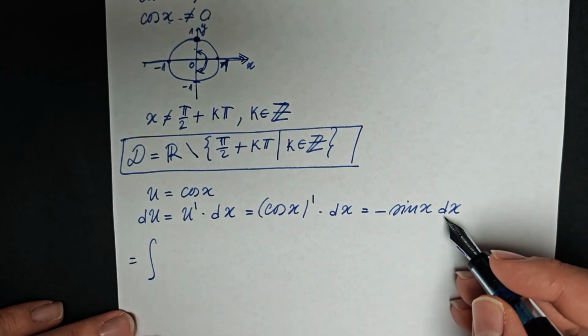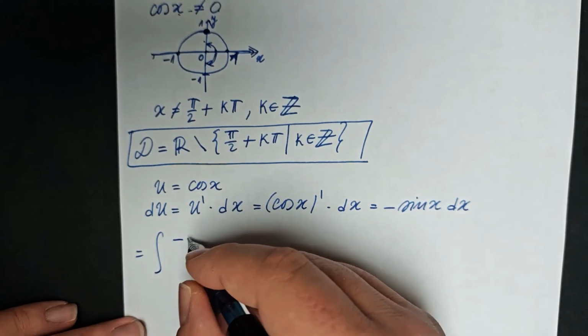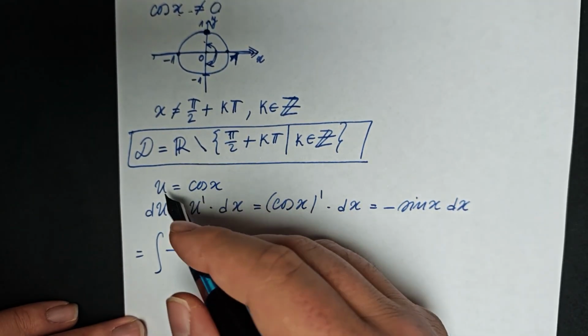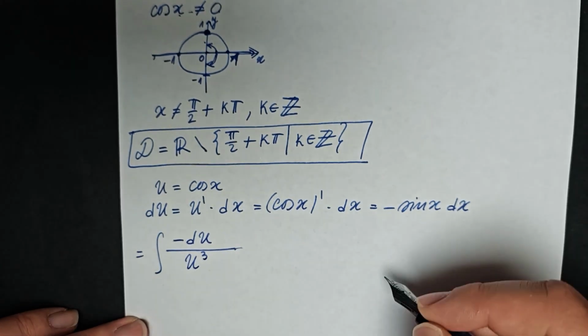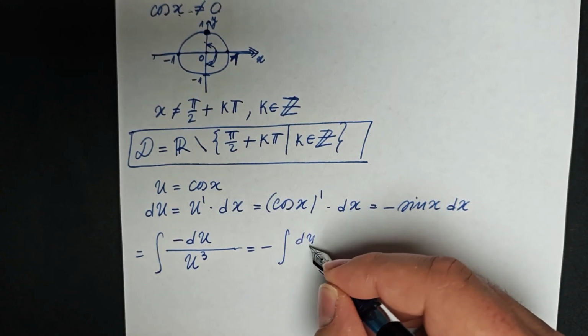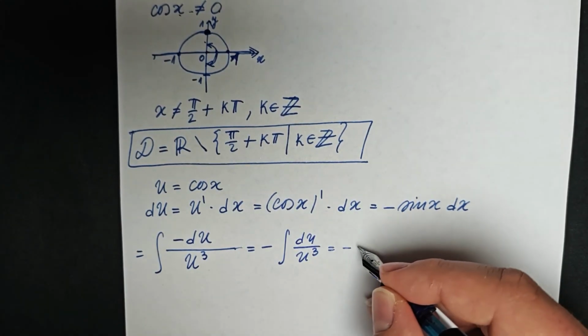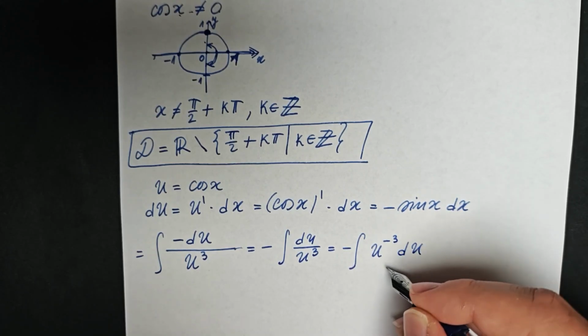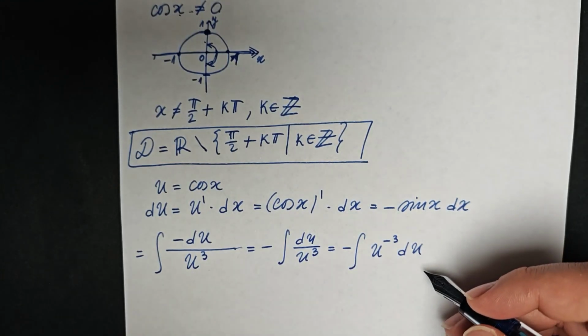We have negative sine dx, so this is negative du over cosine of x is u, so we have u cubed. This is negative du over u cubed, which we can also write as negative u to the power negative 3 du under the sign of an integral.